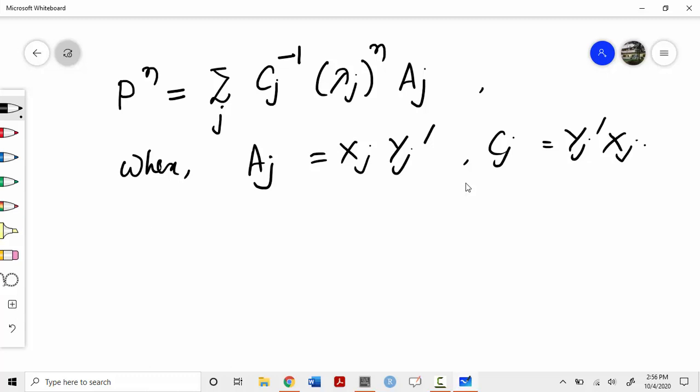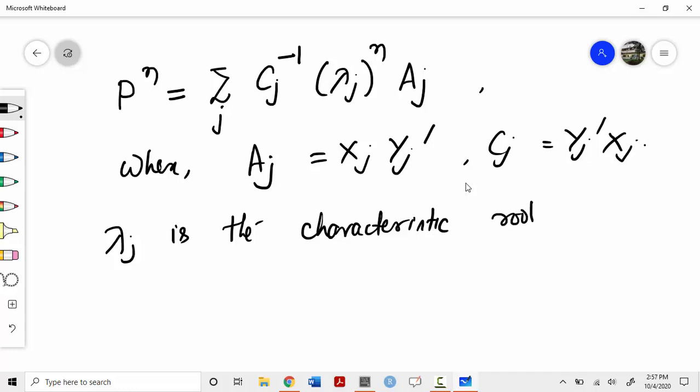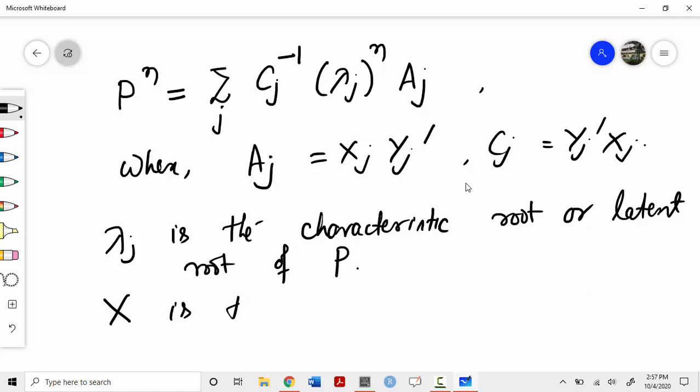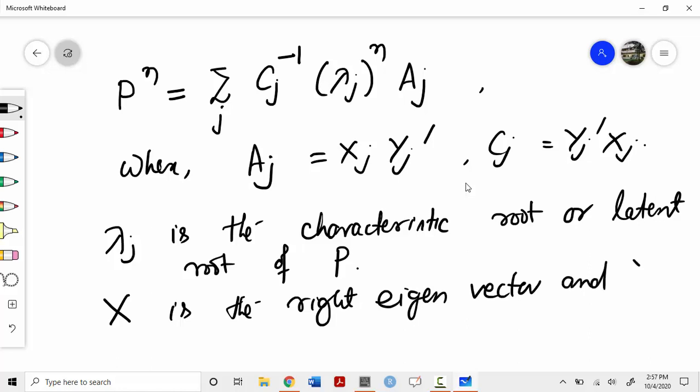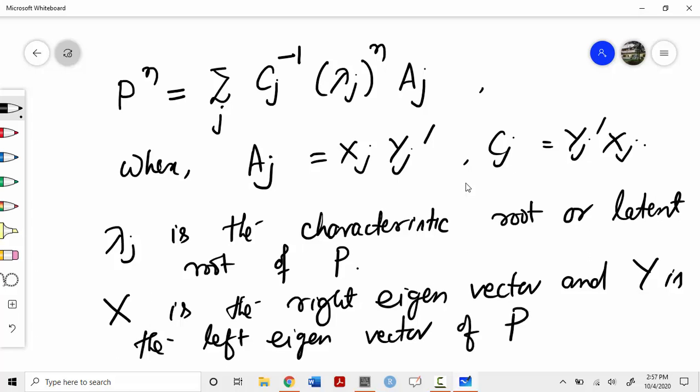Now here lambda j is the characteristic root or latent root of P, and x is the right eigenvector and y is the left eigenvector of transition probability matrix P.